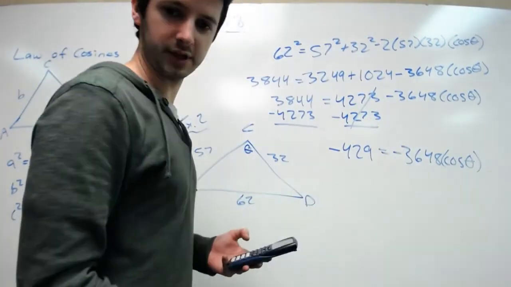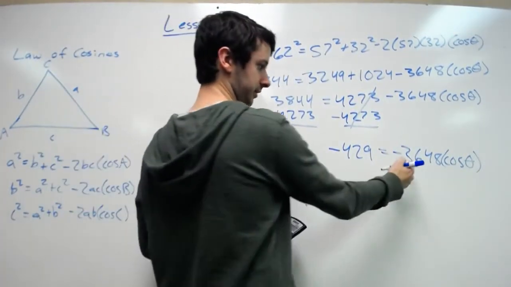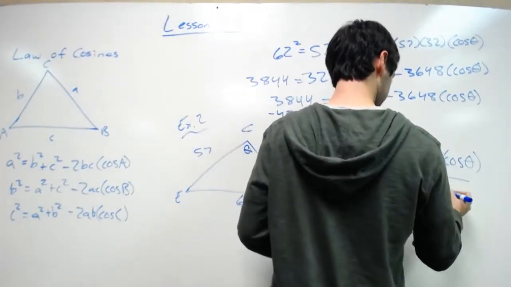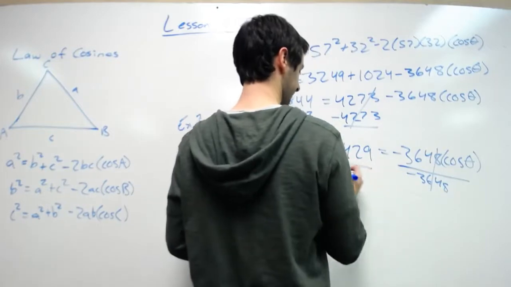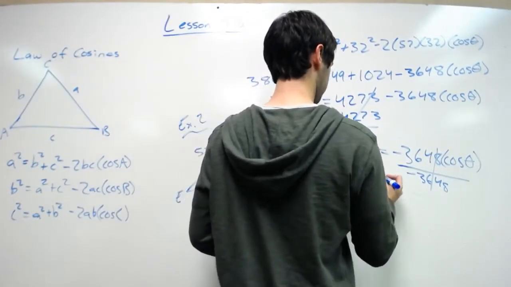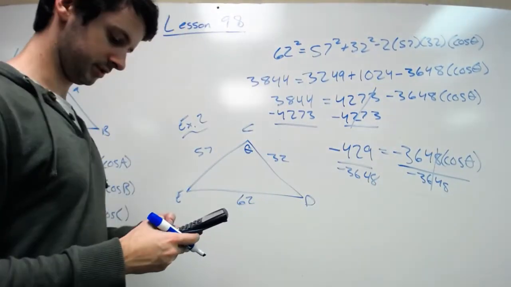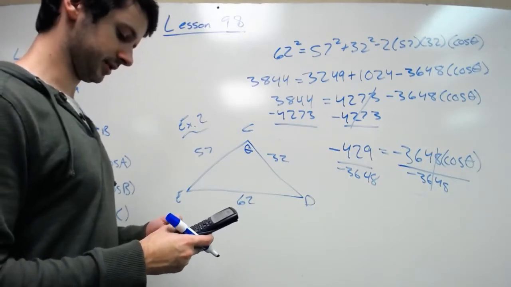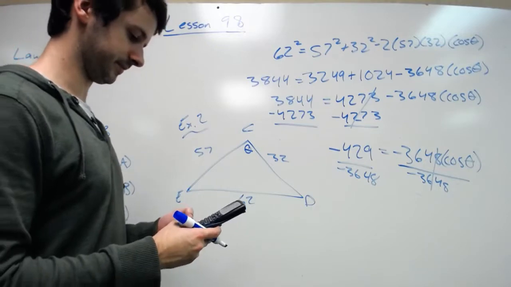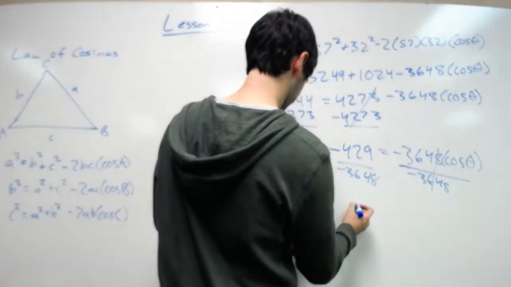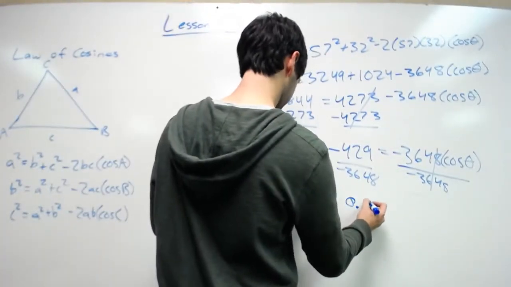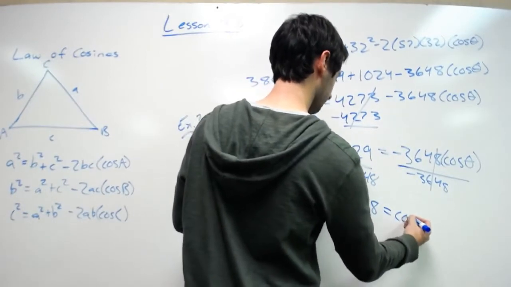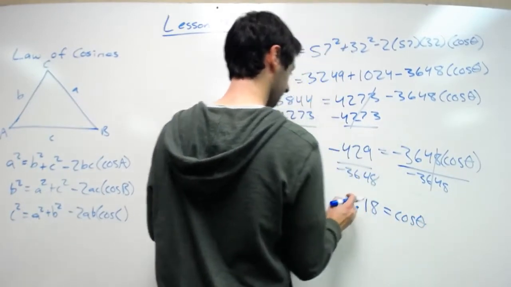Now to get cosine by itself, I need to get rid of the negative 3648, so I divide. So negative 429 divided by negative 3,648 is roughly 0.18. That equals cosine of theta.